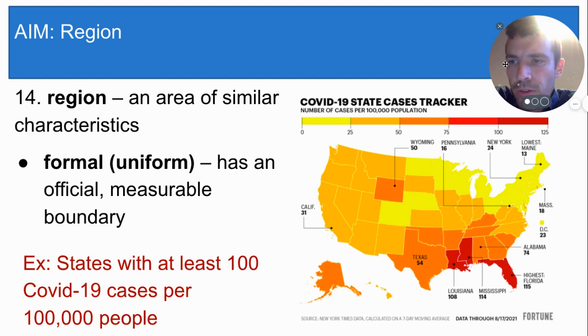And then I've included in my region all the states that fulfill that measurement. So in this case, my region includes those 3 dark red states, Louisiana, Mississippi, and Florida. Notice that the areas in this region don't touch each other. They don't always have to.